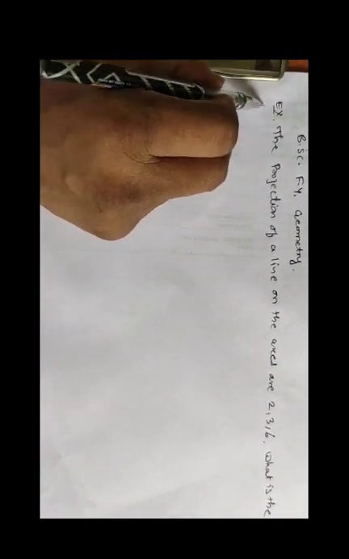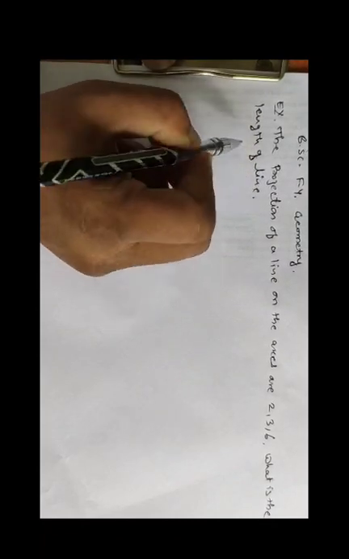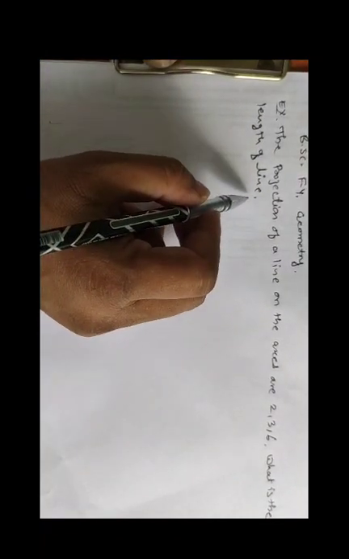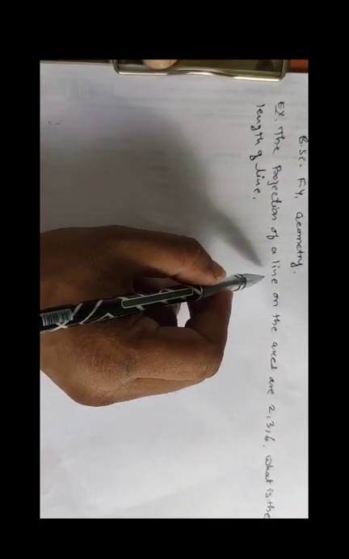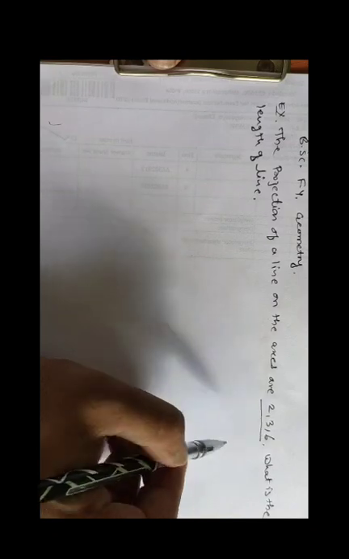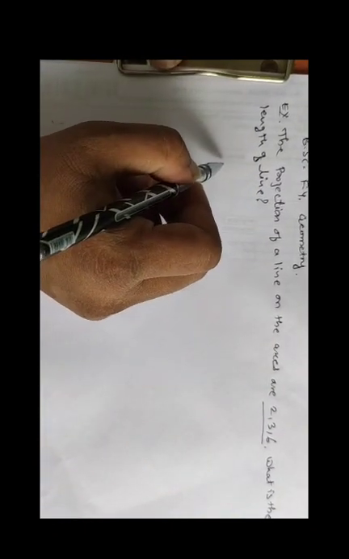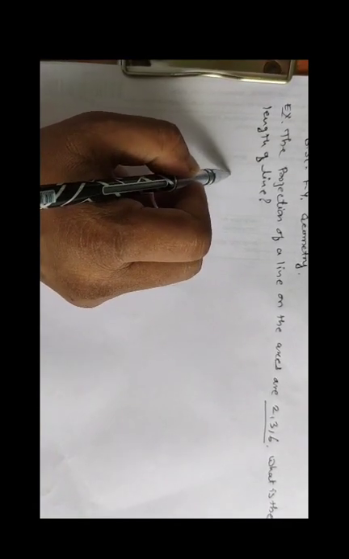That means there is a line in space, and the projections of the line on the axes are 2, 3, 6. It means the projection of the line on the x-axis is 2, on the y-axis is 3, and on the z-axis is 6. So what is the length of the line?